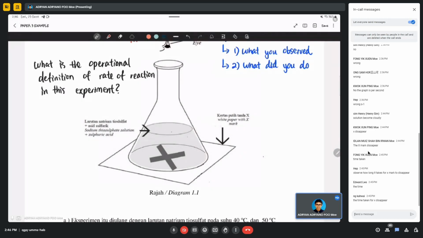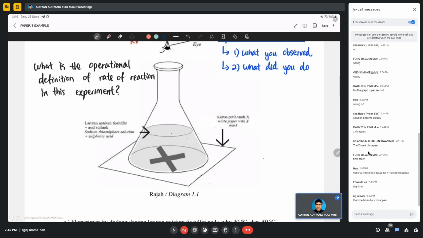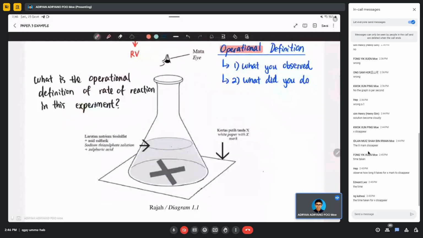So if you were to write rate of reaction is the amount of product produced in a certain time, that is textbook. You won't get marks because that one is a definition. So how do you write an operational definition? You must write what you observe.